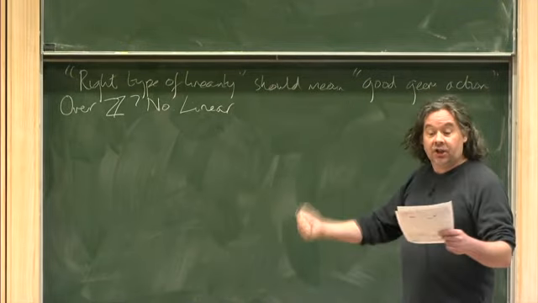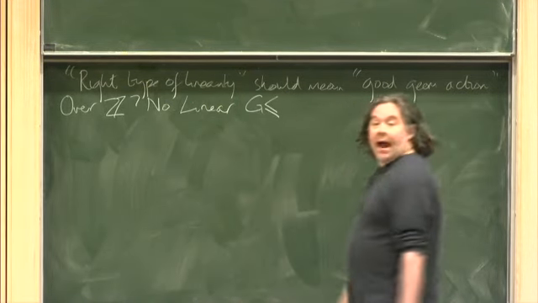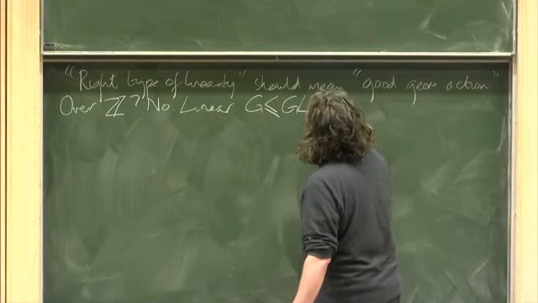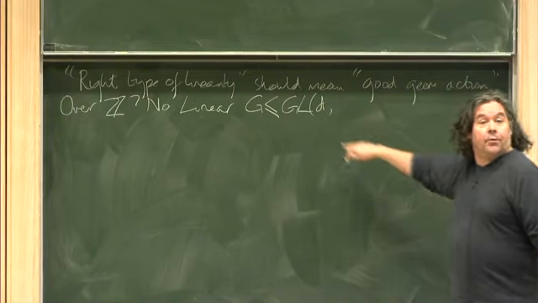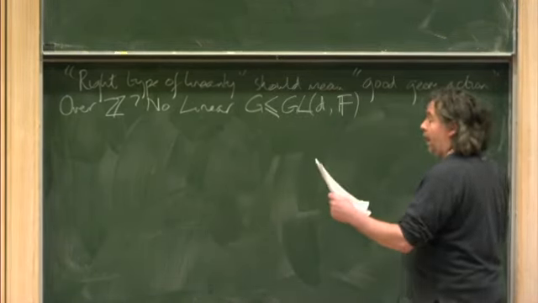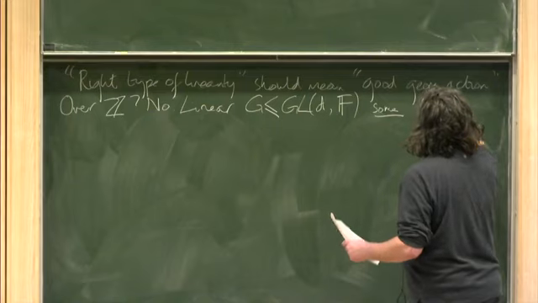What is the definition of a linear group, right? It's saying a group is linear if it embeds, if it can be found as a subgroup of the general linear group in some dimension d, over F, where F is just some field.